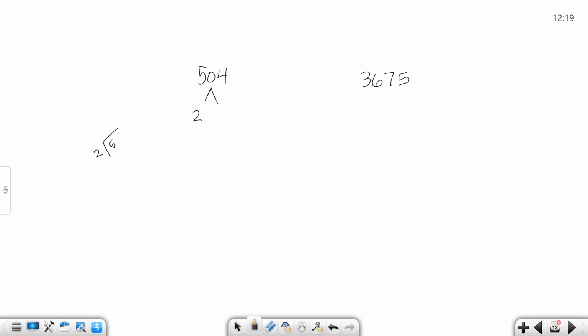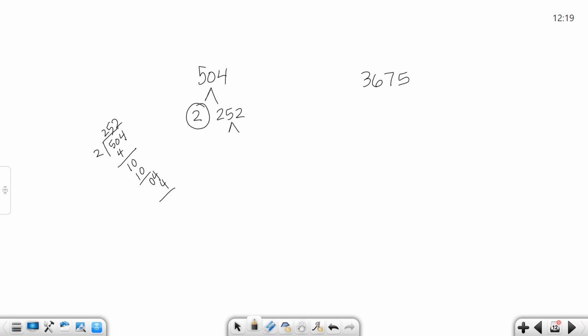I know that 2 goes into this. 2 times 252 would give me 504. Okay, and so this 2 is a prime number. So let's divide it again.